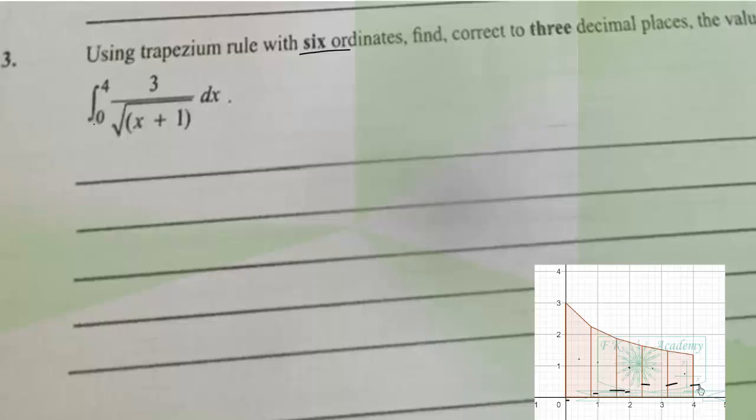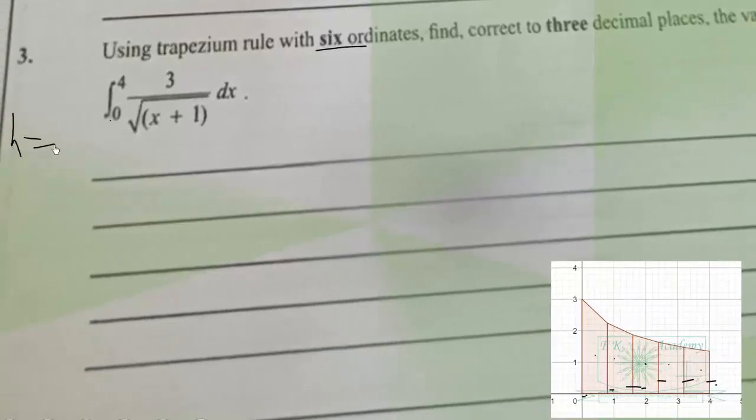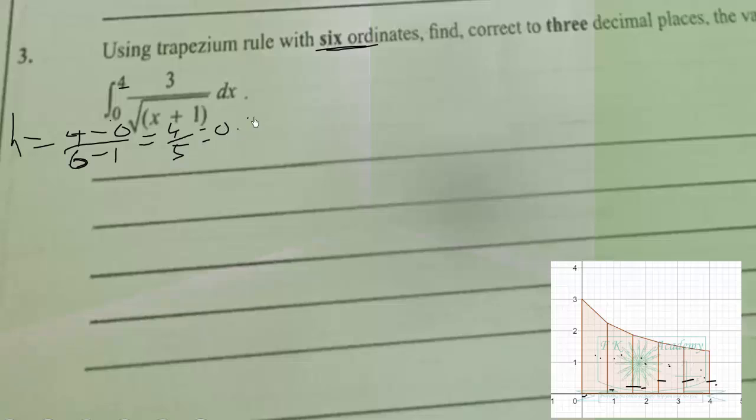So we need to find the height of this trapezium. The height will be given by h is equal to b, that is 4, minus a, which is 0, all over the number of trapezia, 1, 2, 3, 4, 5, or the number of ordinates minus 1, 6 minus 1, which is equal to 4 over 5, or 0.8.